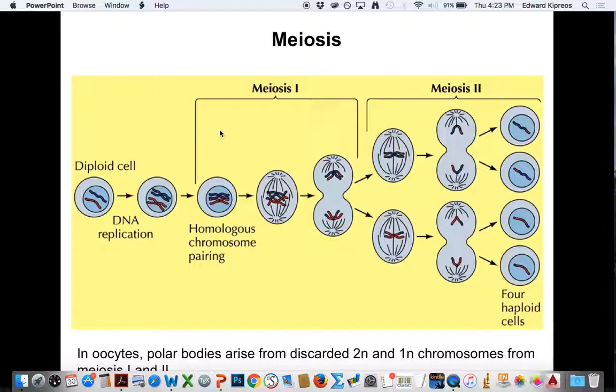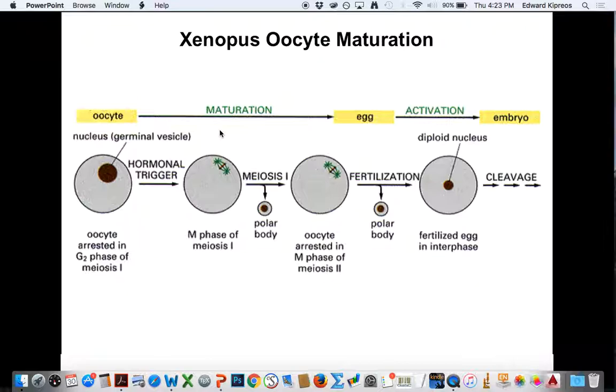And then in meiosis 2, you're going to segregate the 2 copies that you copied in the S phase, so you end up with 1N. Okay? So you start off with 1 diploid cell, you go through S phase, and you end up with 4 haploid cells. So let's take a look at what's happening in oocyte maturation.